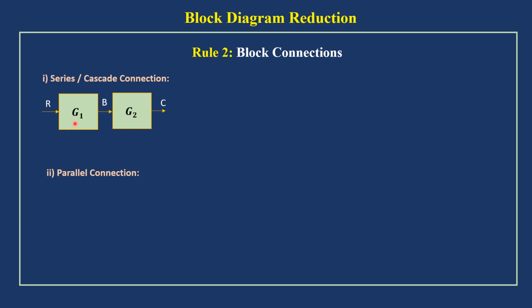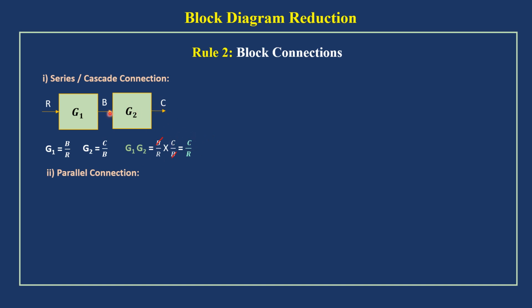Okay, let me find G1. G1 is the system gain 1. G2 is the system gain 2. So here G1 equals output by input, B by R. G2 equals C by B. So when we multiply these two gains, G1 into G2 equals B by R into C by B. So here this B gets cancelled, and it will become C by R. So C by R is nothing but the transfer function of the system.